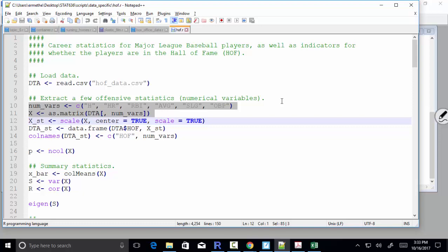So here capital X is just the columns containing the numeric variables I want. I said num vars is the names of the numeric variables I want to play with. And then X is a matrix that is just the columns of my data frame that corresponds to those variables.